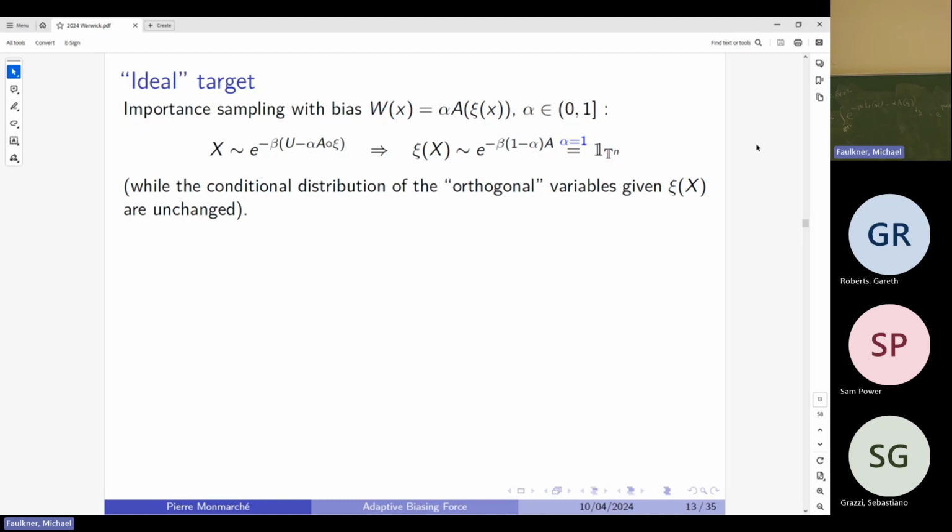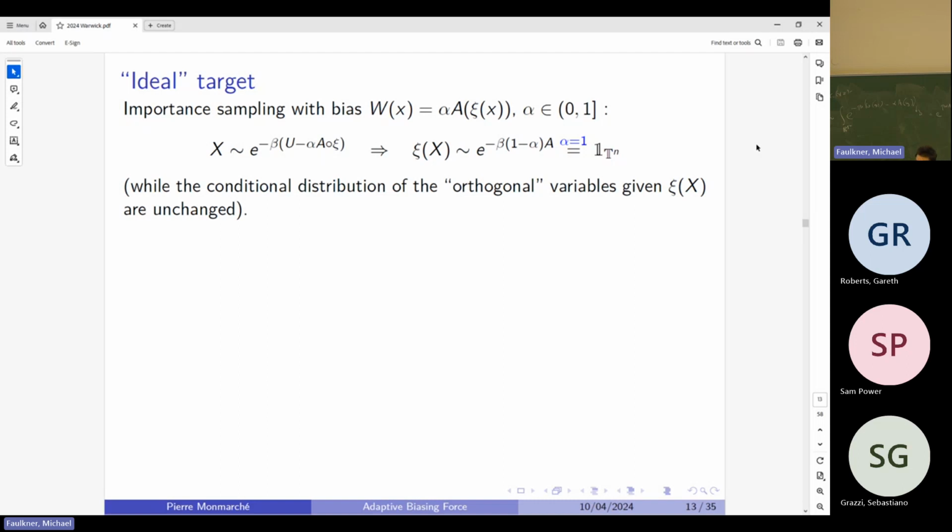So you have changed the effective temperature at which you are sampling psi of x. Not x, but psi of x has the same law, but at some different temperature. And in particular, the typical practical use, at least in the initial paper, is to take alpha equal 1, which makes sense only if you are in the torus.